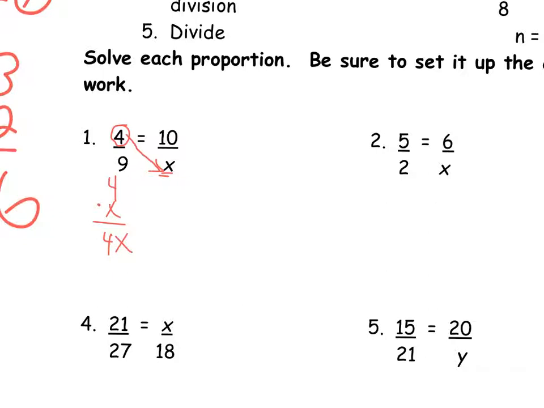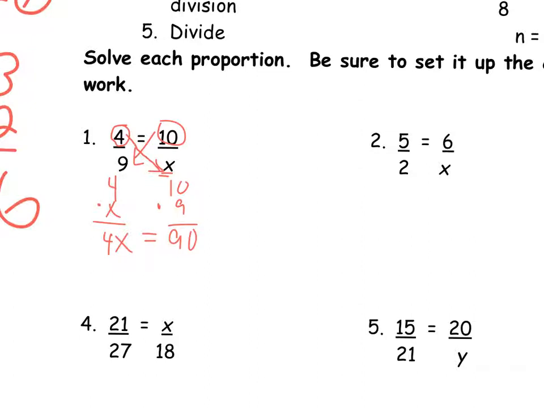Anytime you multiply a number times a letter, you just smush those two things together to make one value, 4x. And I'm going to set that equal to the 10, the top number on the second fraction, multiplied across the equal sign times the 9. 10 times 9 equals 90. So that is basically your first step.